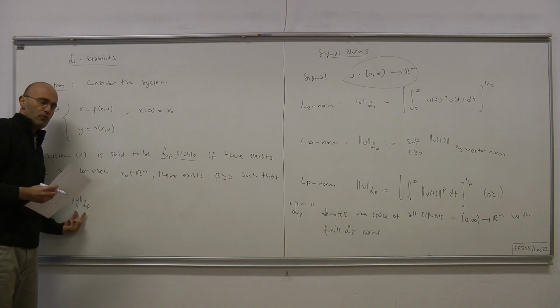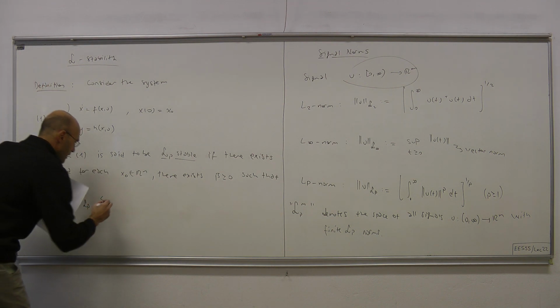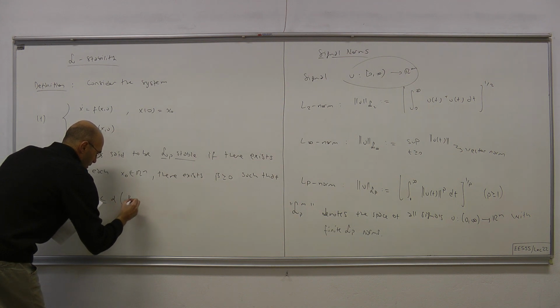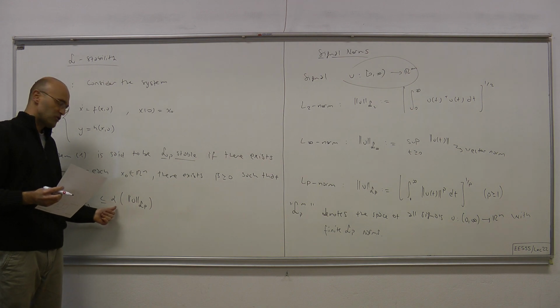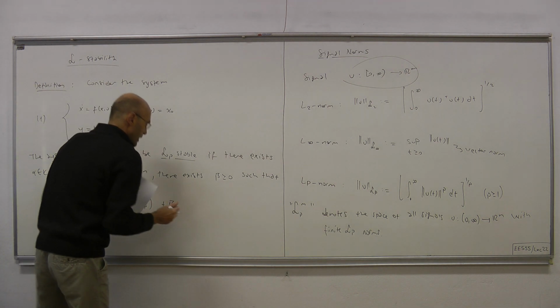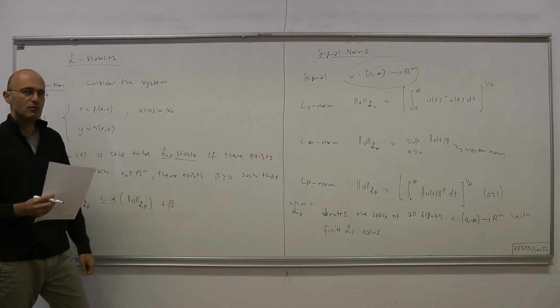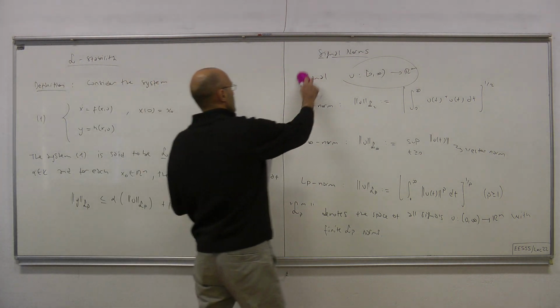The Lp norm of the produced output is always upper bounded by the Lp norm of the input passed through the class K function alpha, and we have this constant beta, which is a function of the initial condition in general.